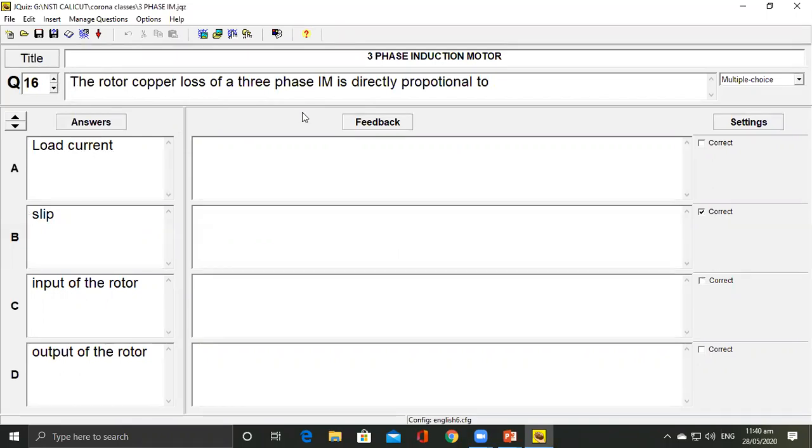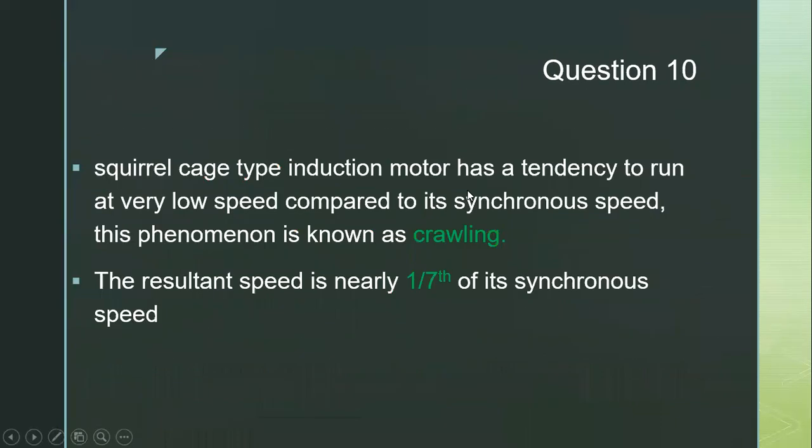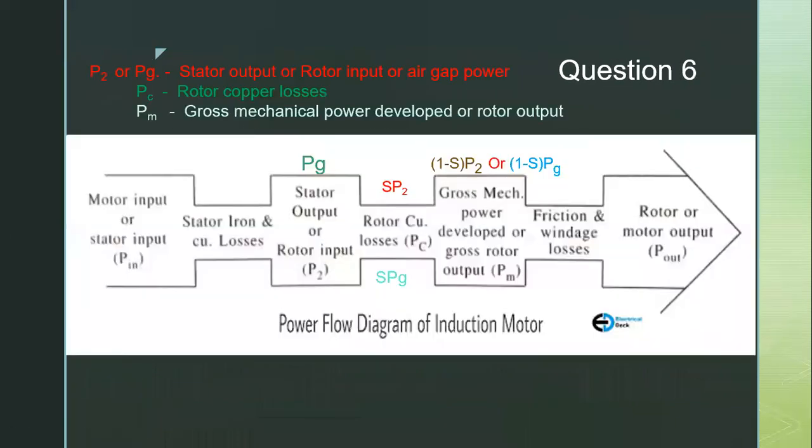So the next question: the rotor copper loss of a three-phase induction motor is directly proportional to, option A load current, option B slip, option C input of the rotor, option D output of the rotor. Rotor copper loss, you already studied. What is the rotor copper loss? It is slip into rotor input, that you already studied in the previous slide.